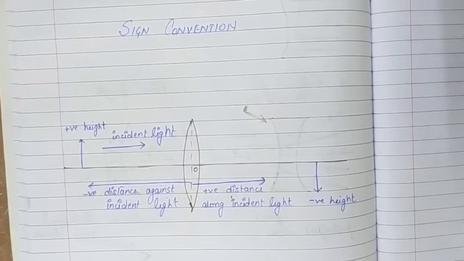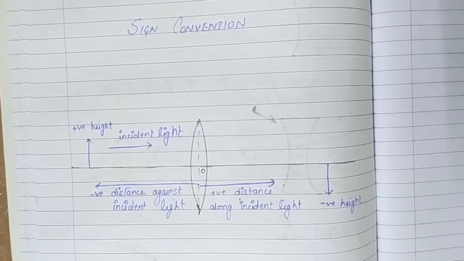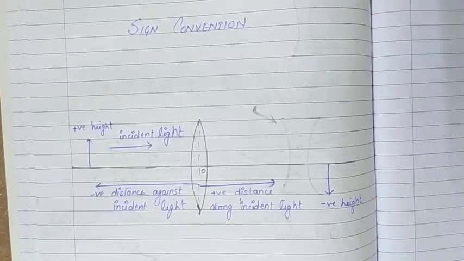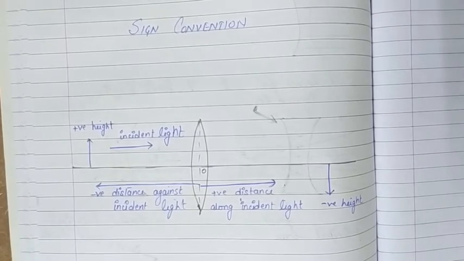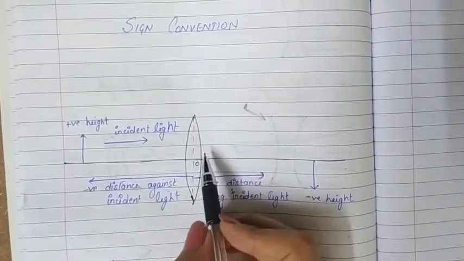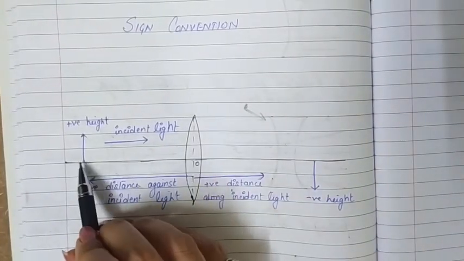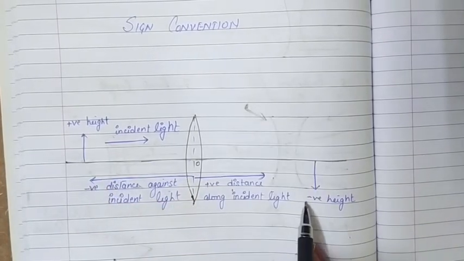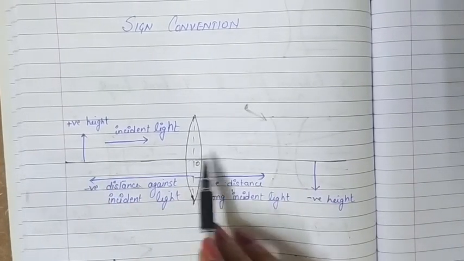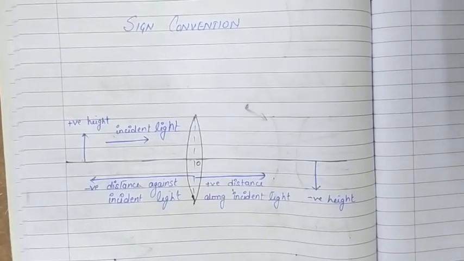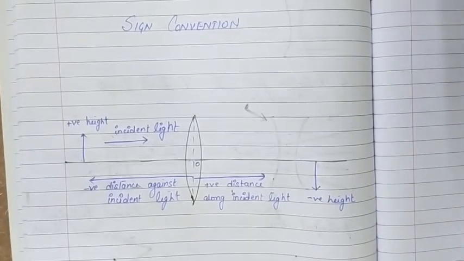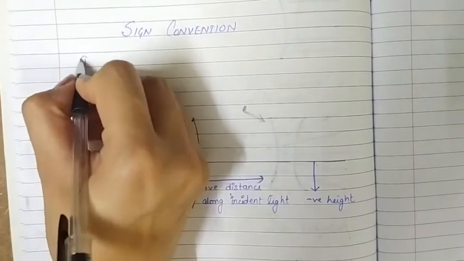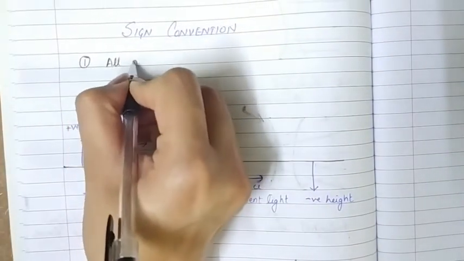First, all distances that we measure will be measured from the optical center of the lens. Meaning if you have to find the distance of this object, then you will find it from O. Similarly, if we have to find the distance of this image, we will find it from O. So all the distances are measured from the optical center.